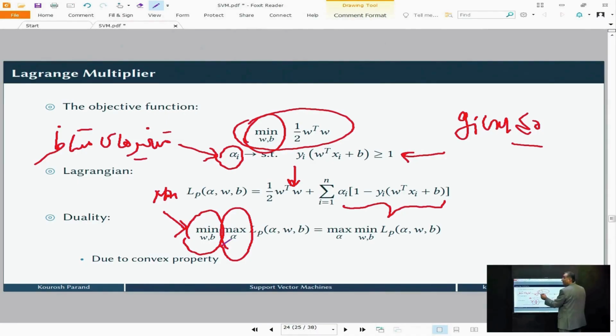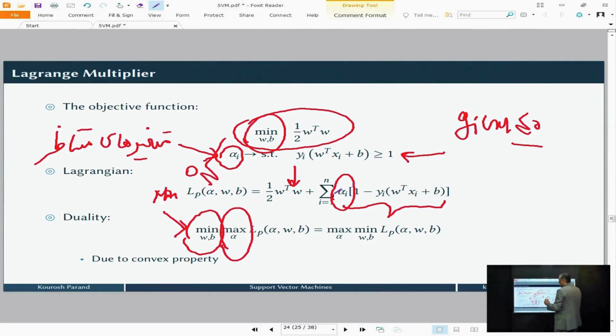What did we say the alphas are? They're positive. Since 1 minus this term is less than or equal to 0, you have to maximize your alphas. This is a completely straightforward optimization problem that has already been explained.